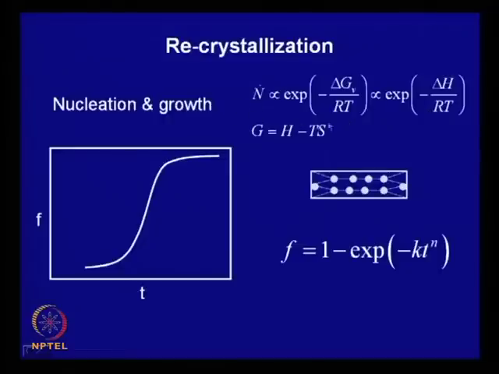Now, apart from this, there will be a growth process also, which is pictorially shown here. When the nuclei form, they will grow, and there will be a factor called the impingement factor, which is shown here.